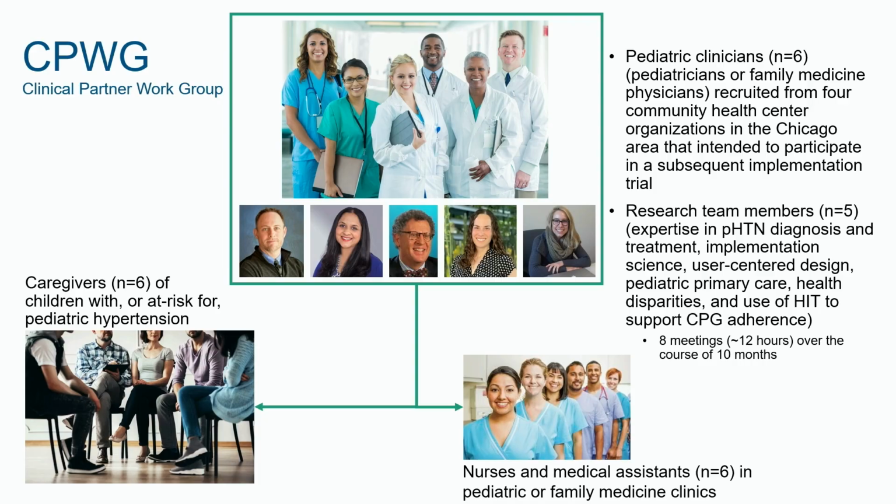In future studies, or studies since then, we've actually included people from non-potentially participating health systems to make sure that the solution we came up with was more generalizable. So that's another option. We also, on the CPWG, had our research team members. These were people who had expertise in pediatric hypertension diagnosis and treatment, implementation science, user-centered design, pediatric primary care, health disparities, and use of HIT for guideline adherence.